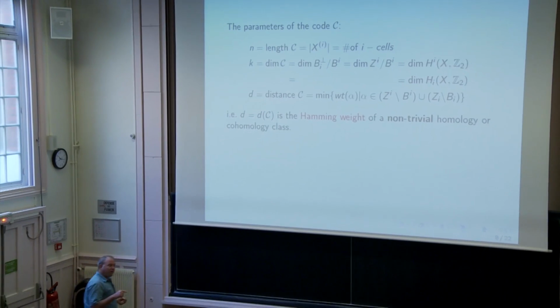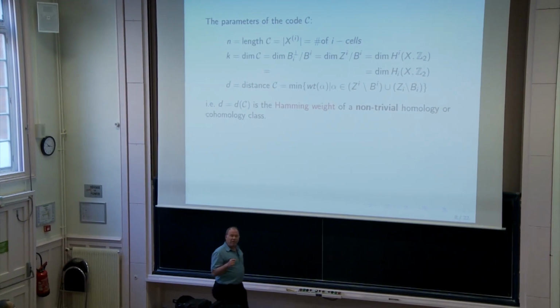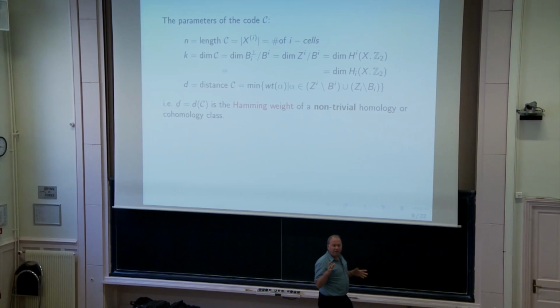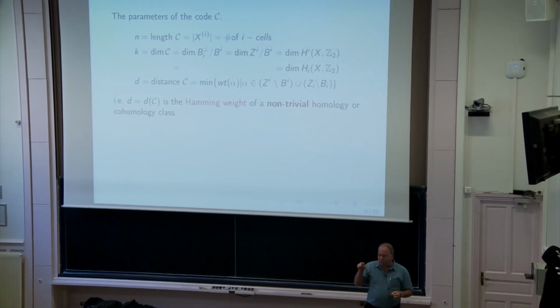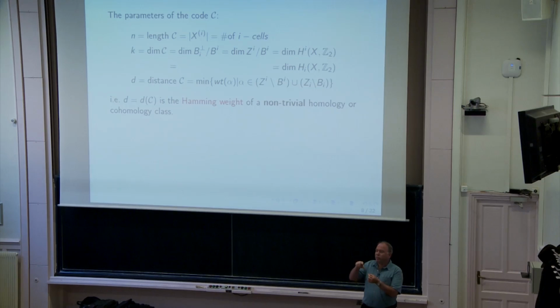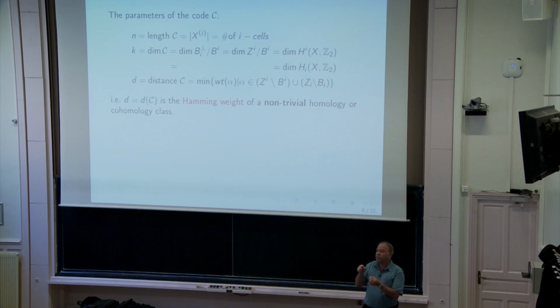Systolic geometry is usually done, well, most of the work is only in dimension 1. You take a manifold, for example, and you study the length of the shortest closed non-trivial path in the manifold, or the length of the shortest non-trivial representative in the first homology class.